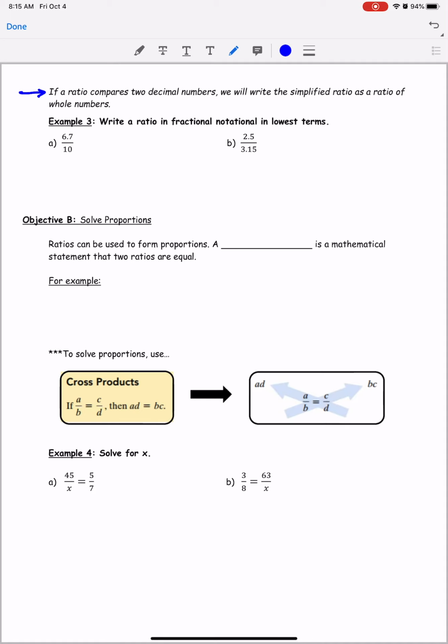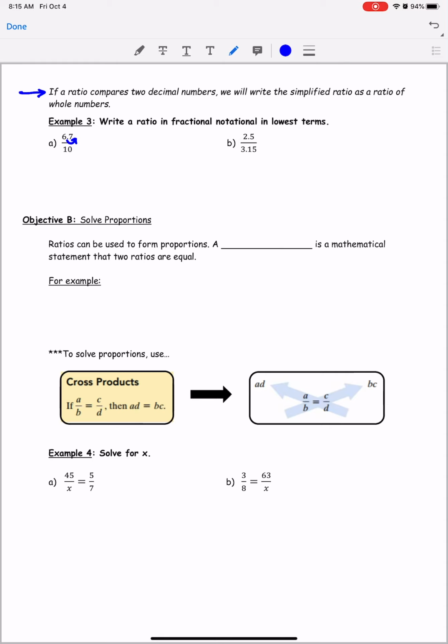So notice here, to get this 6.7 to a whole number, you're basically multiplying by 10. When you multiply by 10, that just takes this decimal and moves it one time over. Thing is, I can't just move that decimal and leave this one where it is.